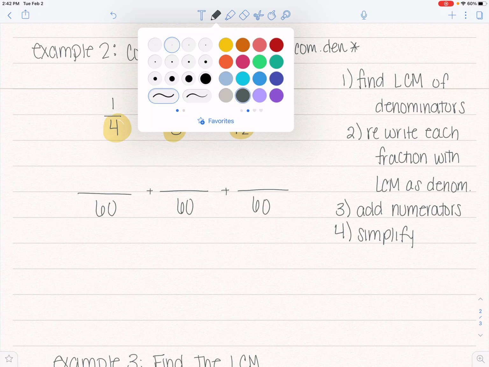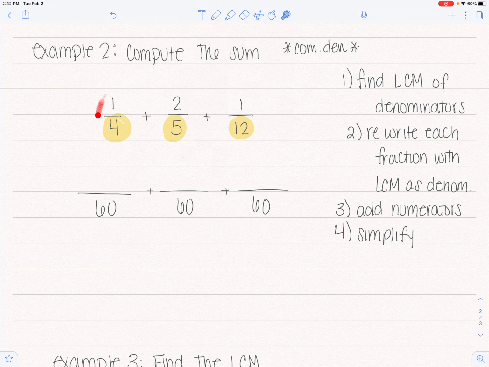So this first fraction, 1/4, I need to figure out, well, what do I need to multiply 4 by to get to 60? So 4 times 15 gets me to 60, but if I multiply the bottom by 15, I have to multiply the top. And then 1 times 15 gives me 15. So these are what's called equivalent fractions. 1/4 is the same as 15/60.